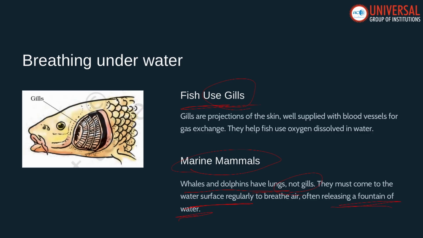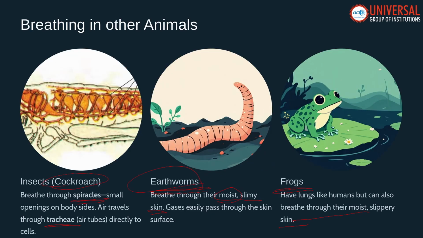So if we look into respiration in organisms, the cockroach has spiracles and trachea, where air directly flows, and there are no lungs and no blood involvement during respiration. The earthworm uses cutaneous respiration, where moist skin is used, it needs moisture, and air diffuses through the skin.